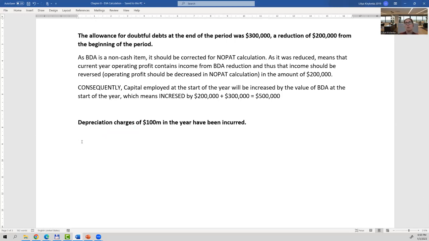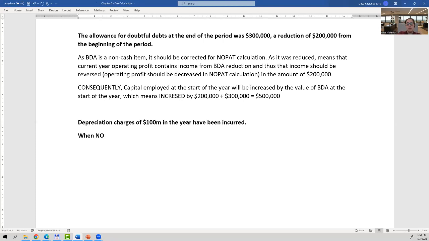And quite often you will be given economic depreciation, and you would, for example, add back 2,000 but deduct economic depreciation of 1,000. But if you're not given, you need to show the examiner that you know that this is one of the major adjustments. So you say, as economic depreciation is not given, it is assumed that it equals accounting depreciation, and therefore no adjustment is required.